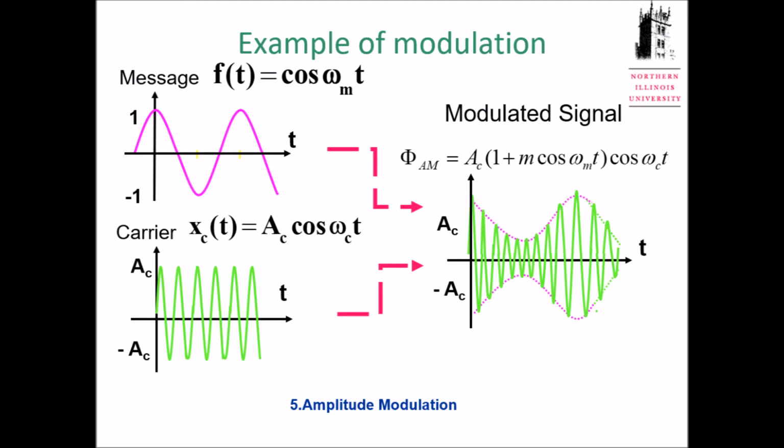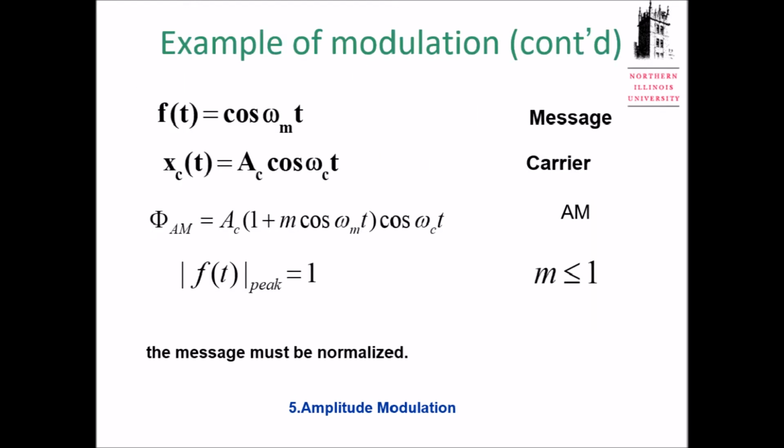Okay, here we have some clarification. Here my message is sinusoid. In other applications, message can be sound, speech, image, anything you want to transmit will be the message. And the carrier will always be sinusoid. You can change your amplitude, that means the power you send to the air.